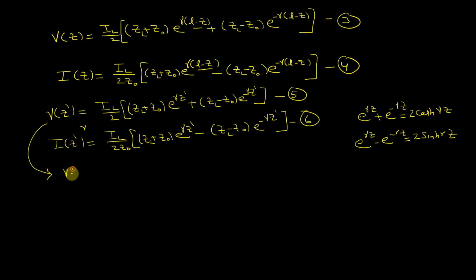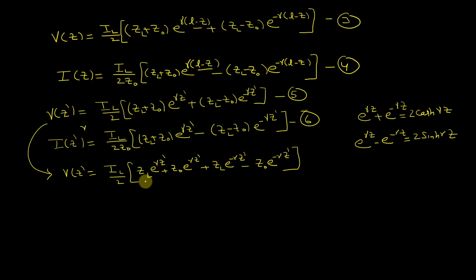So Vz dash equals IL divided by 2. Open this bracket: ZL e raised power gamma z dash plus Z naught e raised power gamma z dash plus ZL e raised power minus gamma z dash minus Z naught e raised power minus gamma z dash.